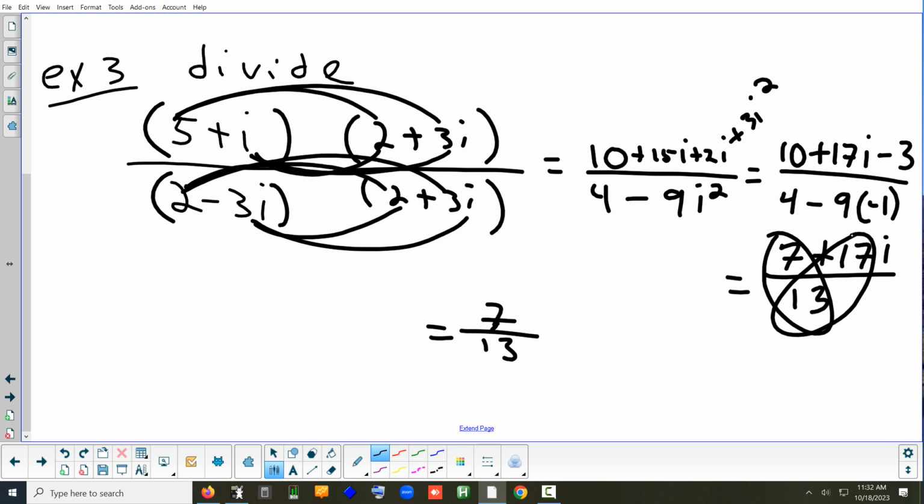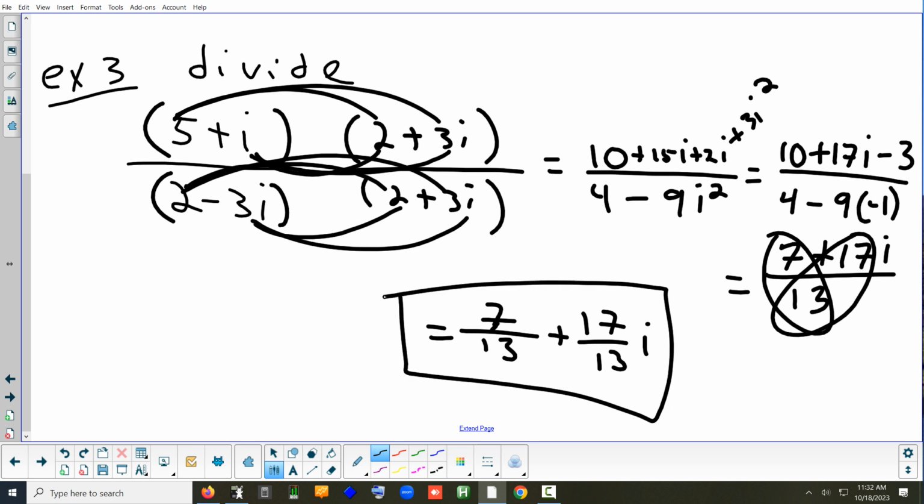You just write each number over 13 separately. I know we originally had the i next to the 17. You can leave it there. Or sometimes when you have a fraction, people just put the i right in the middle. That would be your final answer. Any questions on how we divided those complex numbers?